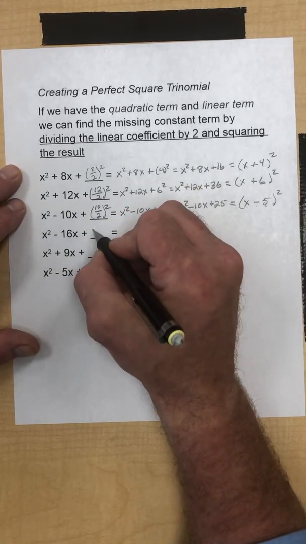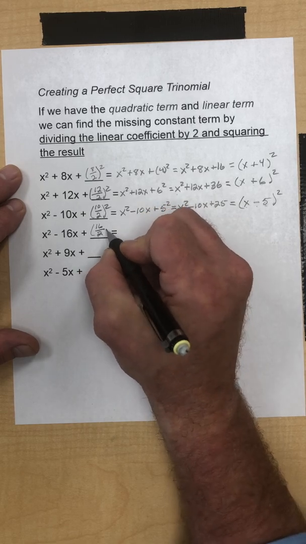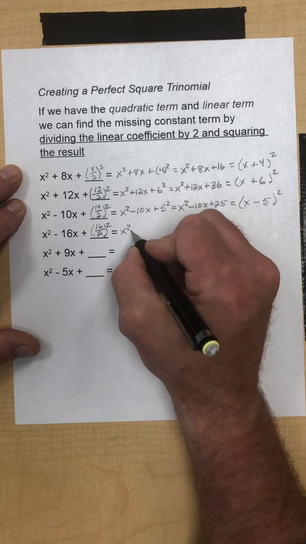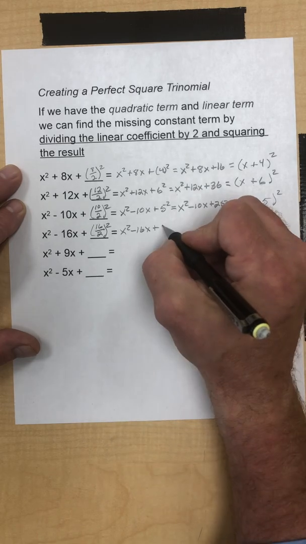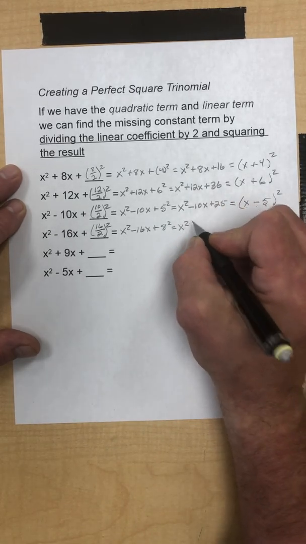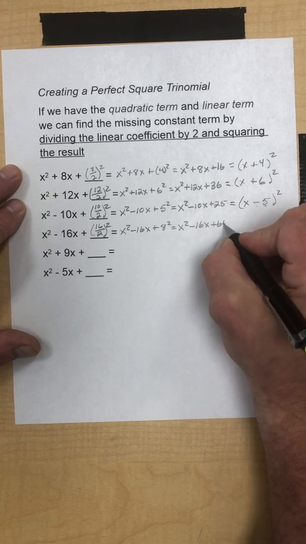Same thing here. Take the coefficient of the linear term, divide by 2, and square that. So I'd get x squared minus 16x plus 16 divided by 2 is 8, so that'd be 8 squared, which would give us x squared minus 16x plus 64.